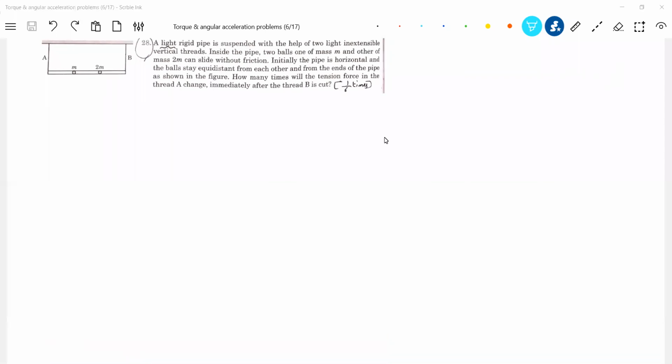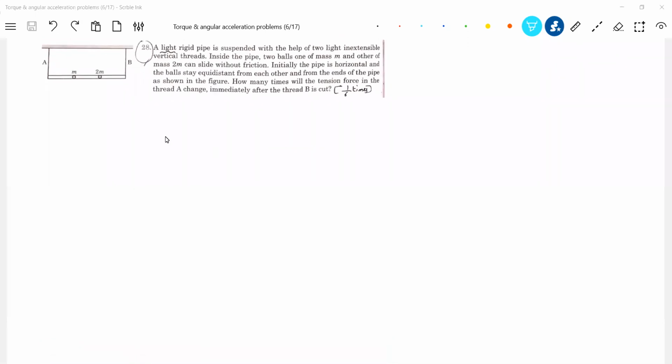Option C and D. Solve it. What is there in that one? Solve it. Just three equations, three unknowns. No, no. Come for this. A light rigid pipe. Inside that, two balls are there.